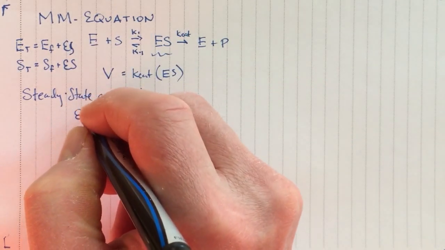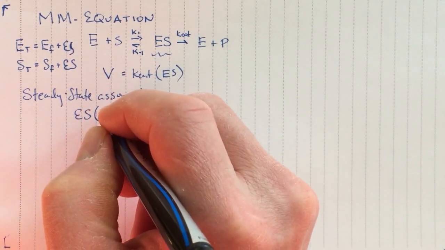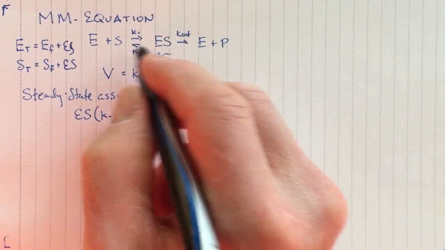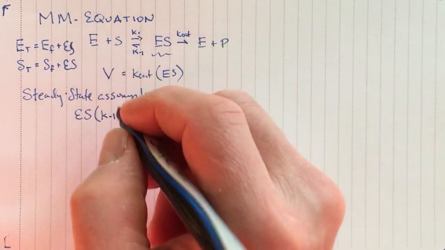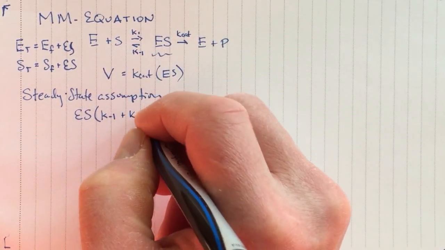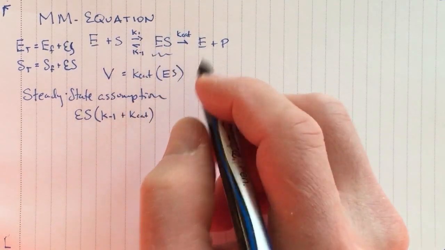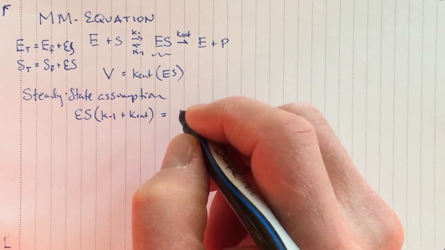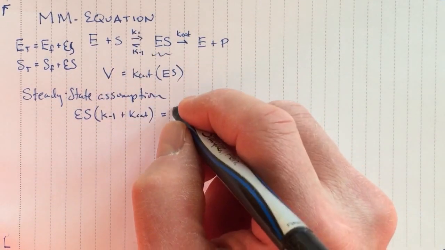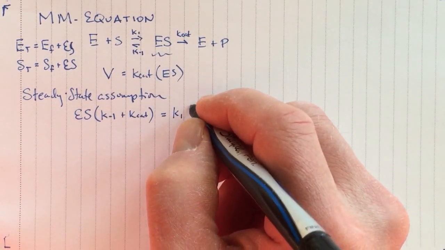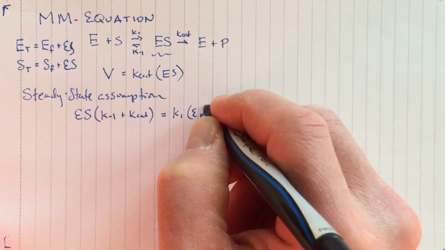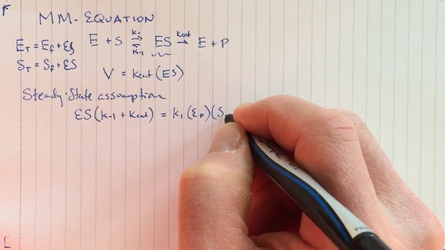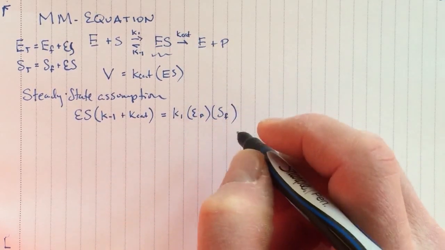The rate of destruction of ES is governed by K minus 1 dissociation or chemistry Kcat. Those are the two processes by which we can get rid of the enzyme substrate complex. And that's going to be equal to the rate of formation, governed by K1 times E in the free form times S in the free form.